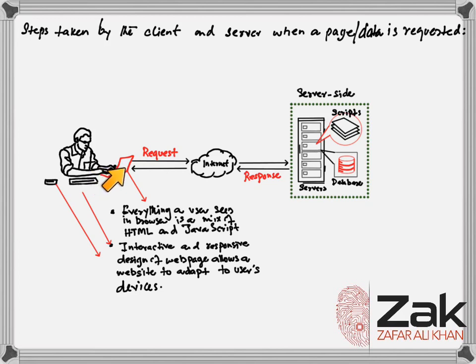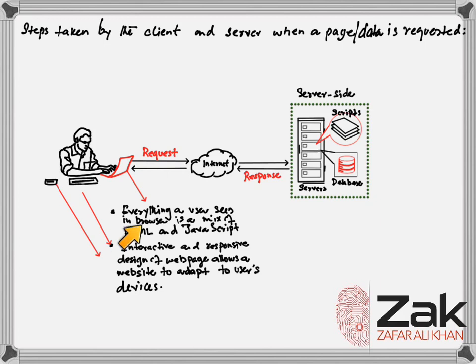If there is something that is required, it is requested through the internet and reaches the server side, which is the website hosting area where there is hardware and software. Over the web servers, there are scripts written and executing, and the database is present. So when the server side is requested for something, scripts get executed, data is fetched, and the response is given, then it is shown on the client's computer.